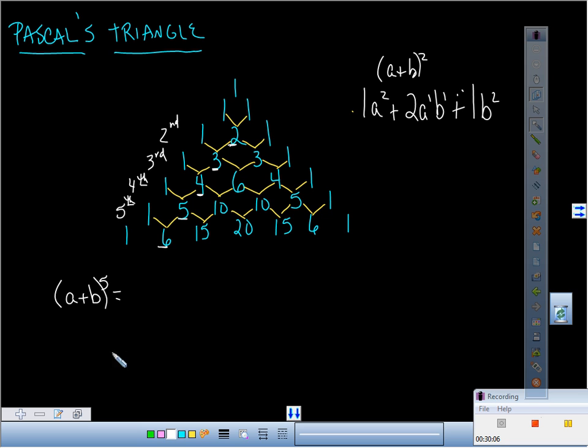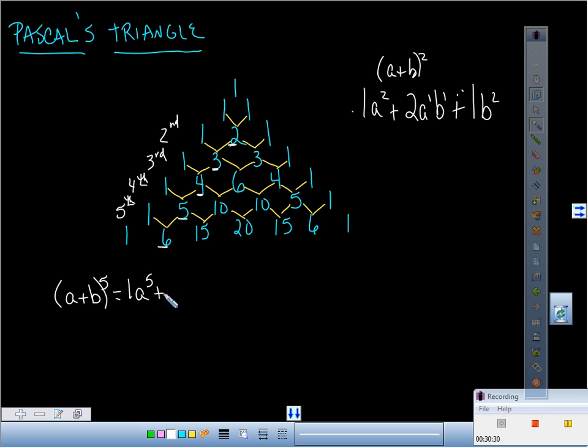What's the coefficient of the first term? 1. There it is, people. They're all staring at you right across there. 1. Those are the coefficients of the term. Okay? So 1. A to the what? 5th. The highest power that you can have.